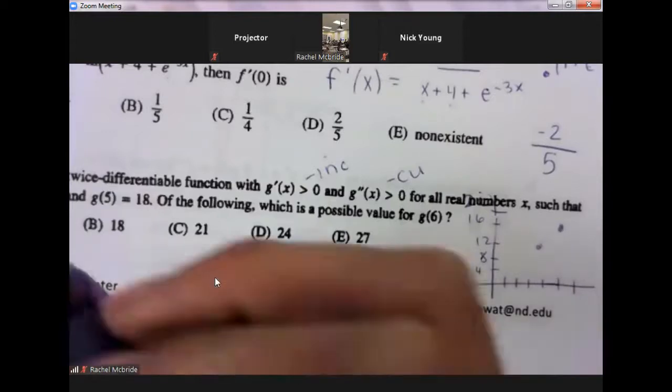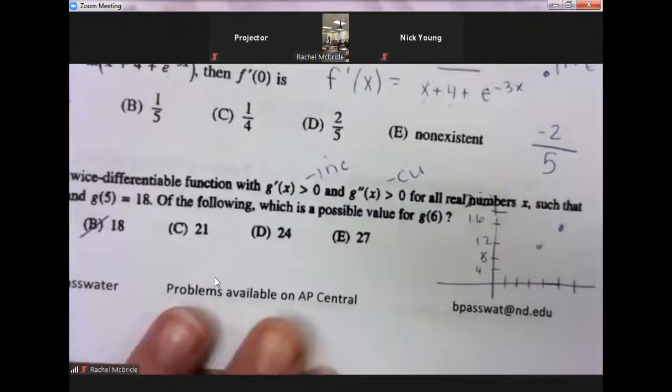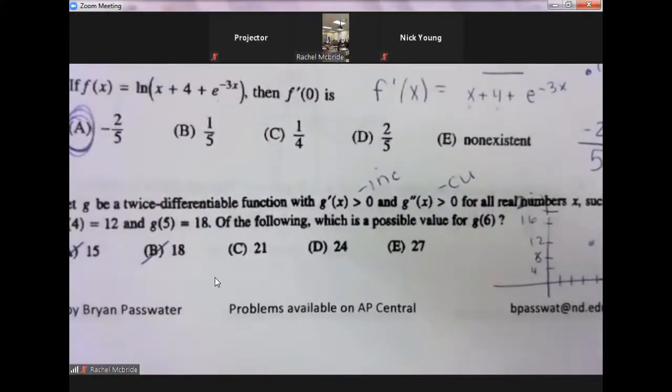So automatically it couldn't be 15 or 18. So if you had A or B, those did not work because they were less than or equal to the numbers we were already given. And if it's increasing and concave up, we knew for certain it had to be greater than that.